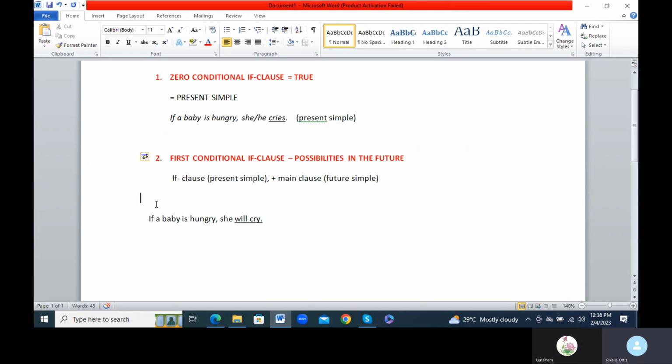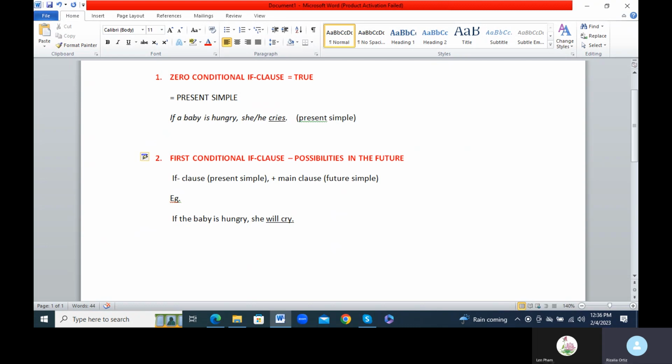So here's the example then: if a baby is hungry, she will cry. Now, because we're talking about possibilities, and if you're saying a baby, this is any baby, right? But we can say if the baby is hungry, she will cry.